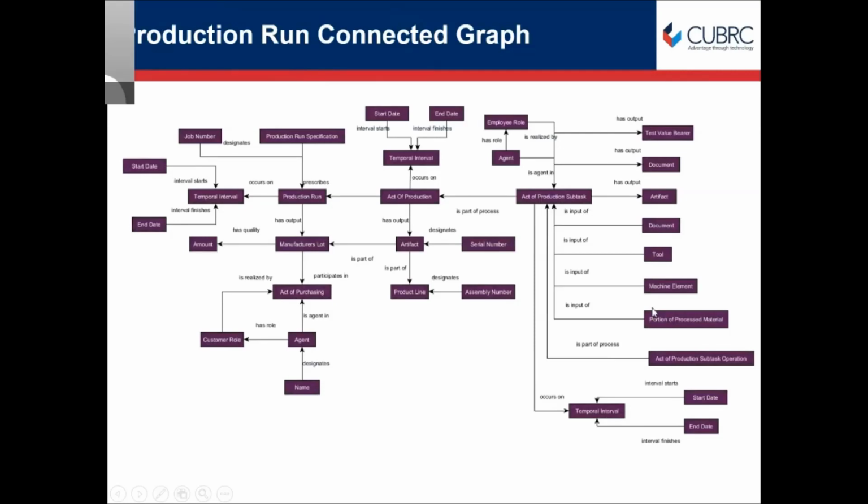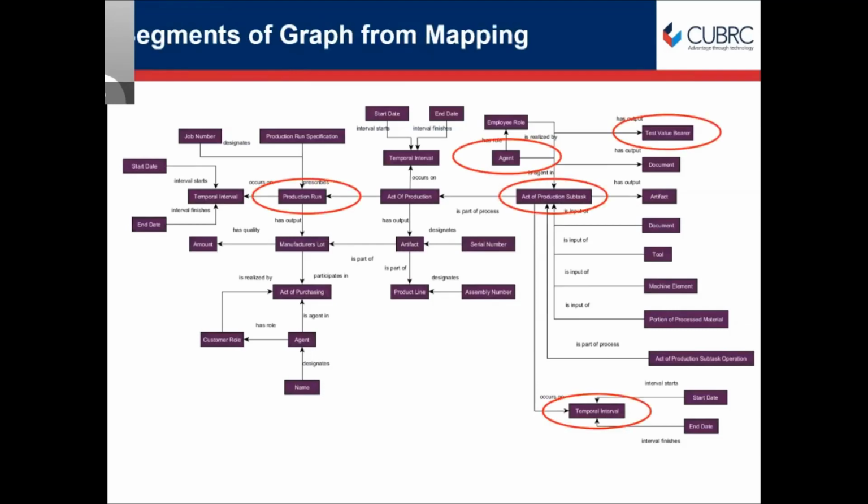And what happens with the Karma mapping tool when you're trying to map those individual Excel spreadsheets is that you can only map them to segments of this large connected graph. So sure, I could say, for this particular test, on this particular set of widgets, these were the values that they had.